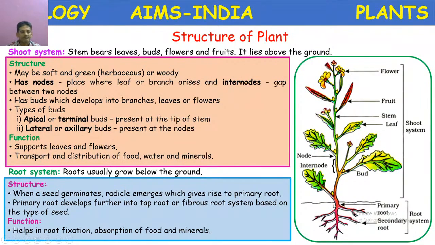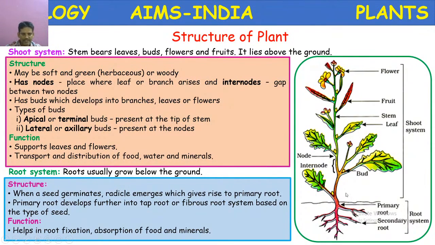Let us come to the root system. What is the root system? The part of the plant which is inside the ground, which is not visible. Of course, in some plants, with some modifications, they are visible. Later we will discuss that. But here, a typical plant's root system is inside the soil.